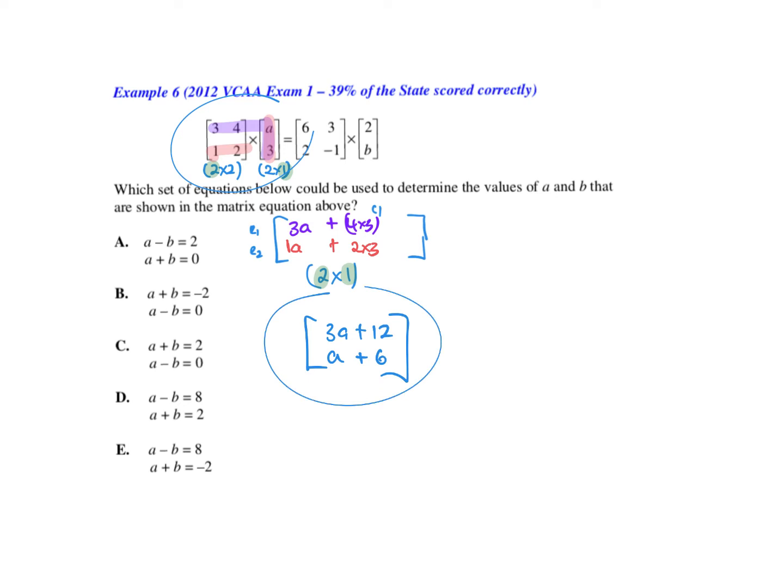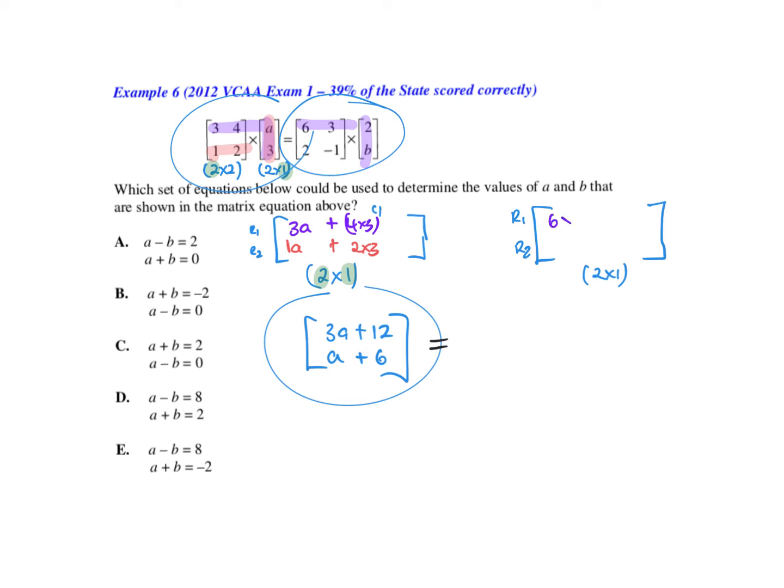Then let's do this side of the equation, which is still a 2 by 1, with row 1 and row 2. I'll do it again with the same colour. I'll do the top one in purple.